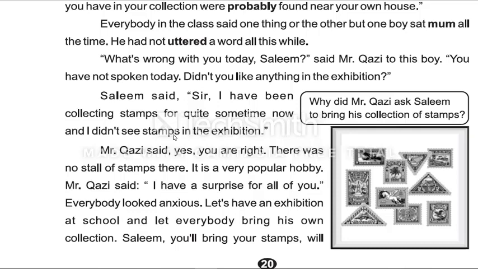He has been collecting stamps, means he is a hobbyist of stamp collecting, and in the exhibition he did not see stamps over there. That is why he probably had nothing to say, right?